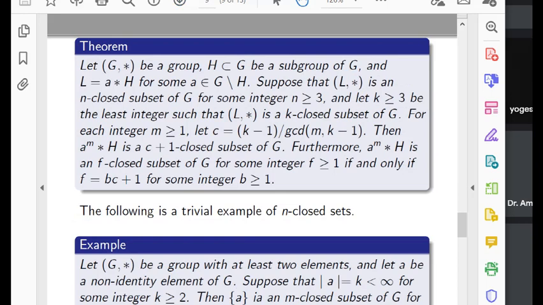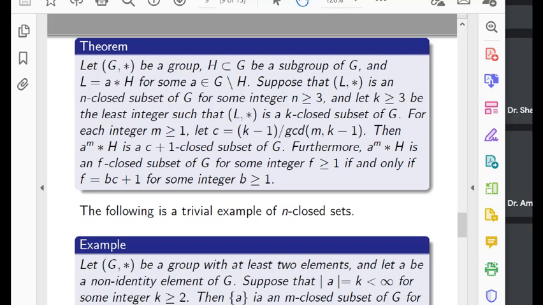Okay, here I gave an example of an M closed set. You take a group with at least two elements, and A a non-identity element of the group, and you assume the order of A equals K. Then definitely this set {A} is M closed whenever you have M to be BK plus 1.